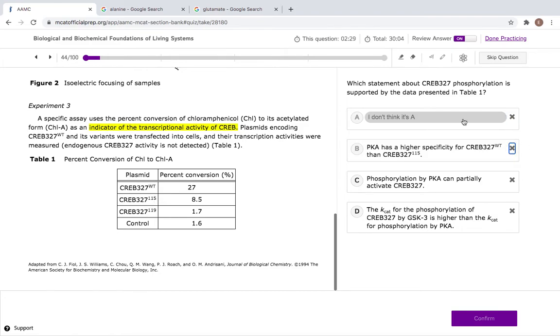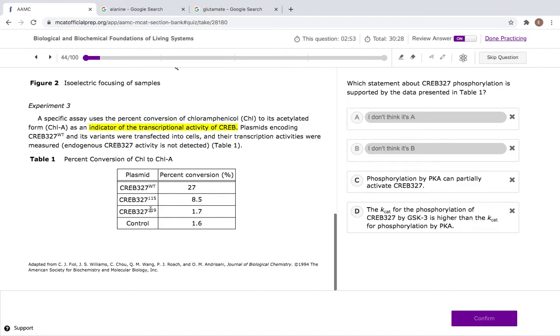Go away. Phosphorylation by PKA can partially activate Krebs 327. Okay, well, PKA was 119. This is no phosphorylation by PKA, and this is with phosphorylation by PKA. Remember, PKA phosphorylates at 119. GSK phosphorylates at 115.